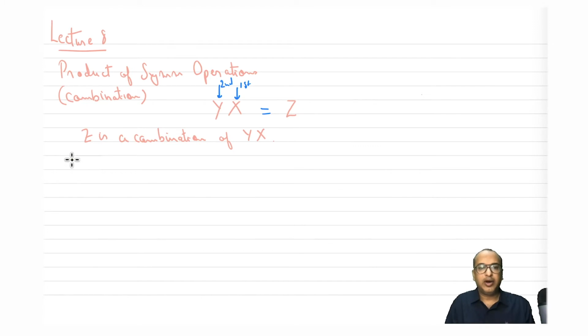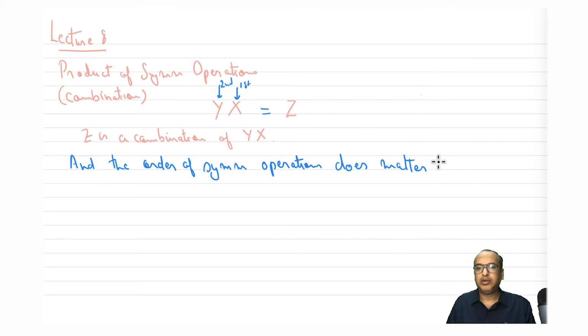The order of symmetry operations does matter here, because not all symmetry operations commute with each other.